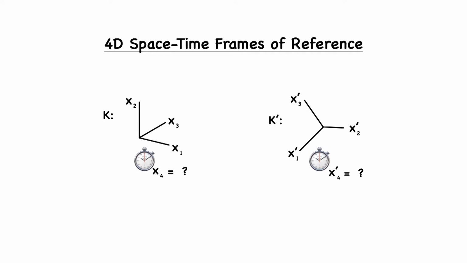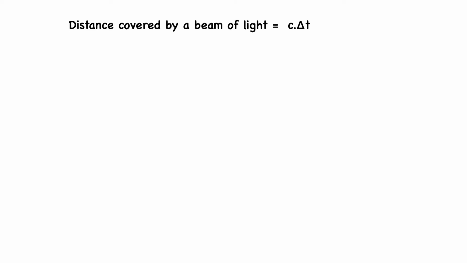Consider a beam of light travelling between 2 points. It'll take a time delta t depending only on the distance between the points. So we can write that down simply as distance equals c, the speed of light, times delta t. But we've previously shown that distance can also be expressed in terms of the 3D coordinates of the start and finish points, like this.